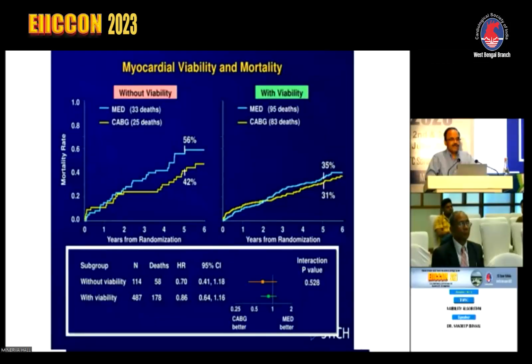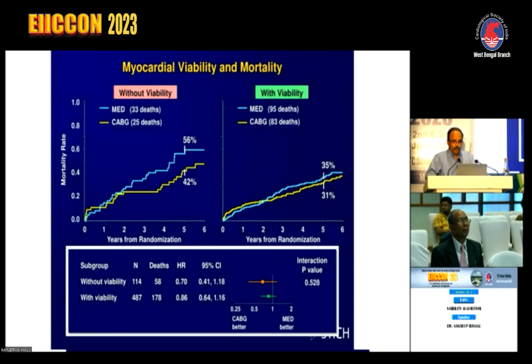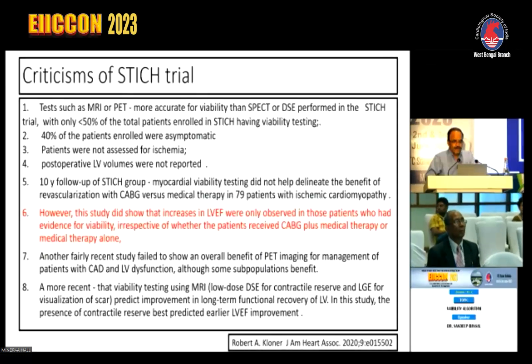However, again, as I said, the main point in the STICH trial was that whether you did viability testing or not, the results of the CABG were not going to determine the ultimate outcome.